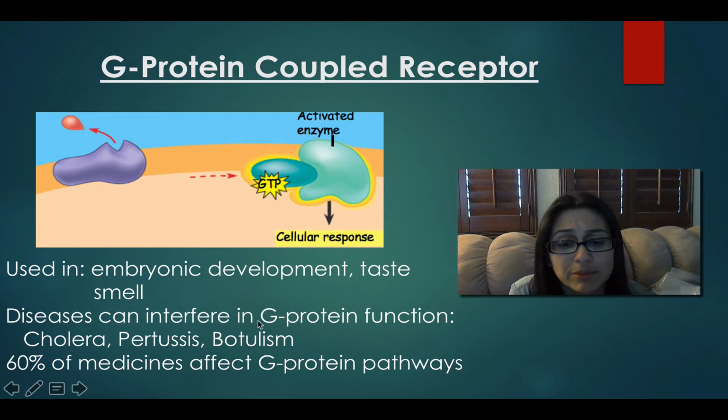And G protein receptors are so important and involved in so many things that 60% of the medicines that have been created to this date actually involve in some way affecting a G protein coupled receptor pathway. So what we just saw here, many medicines are involved with that. G protein coupled receptors are involved in many things, not just what we see here, but many, many things that go on within our bodies, within our cells.